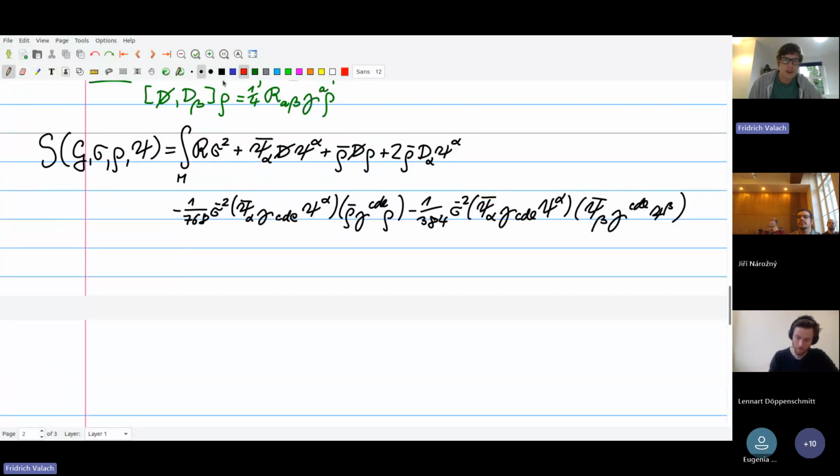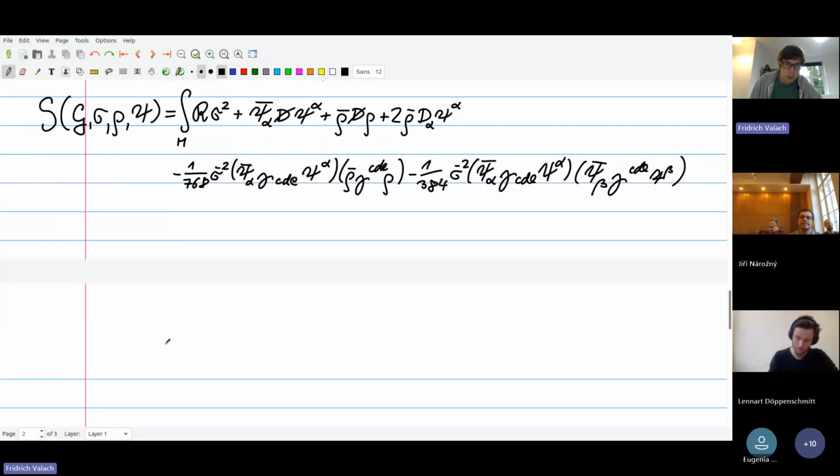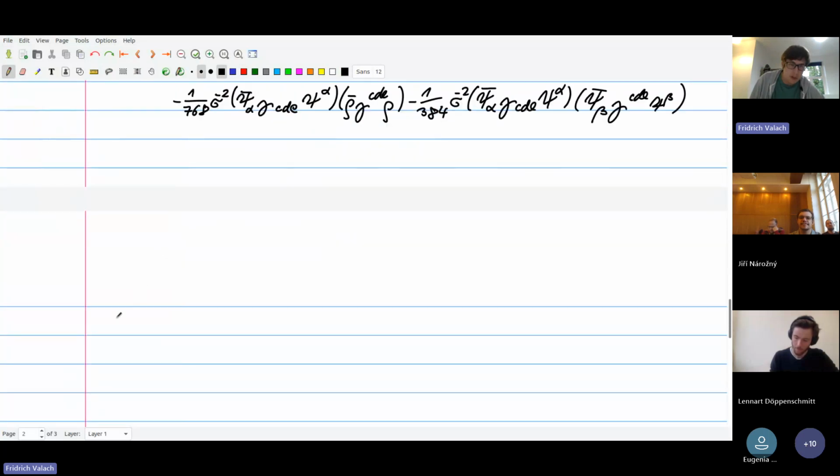Okay, so this is the action, and the supersymmetry transformations look as follows. Again, epsilon is this odd parameter. It will now be a negative chirality spinor and a half density.